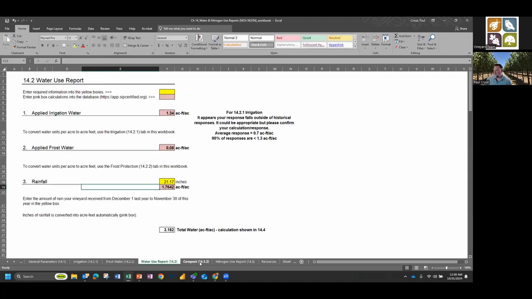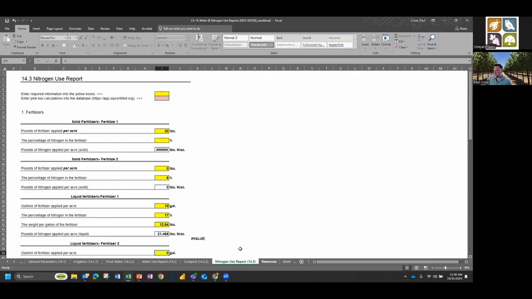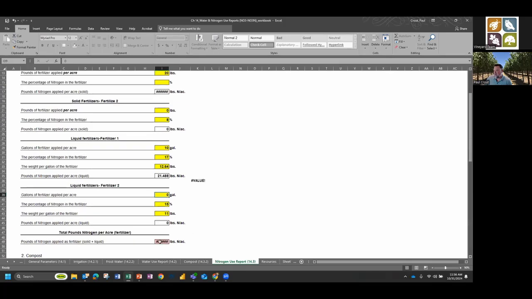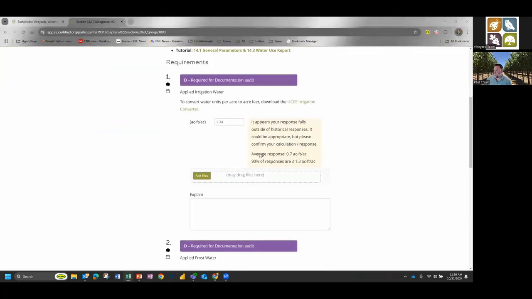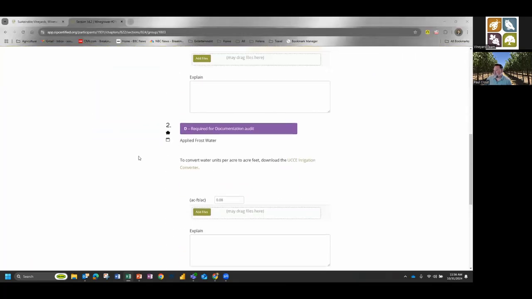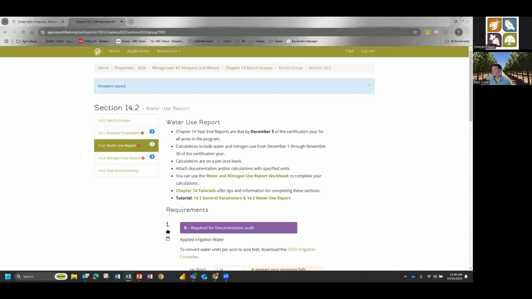Enter all those calculations, and the pink box is where you enter into the web form itself. So this will allow you to get through all of it in one go, and then you just fill in that information in the web form, and don't forget your documentation.